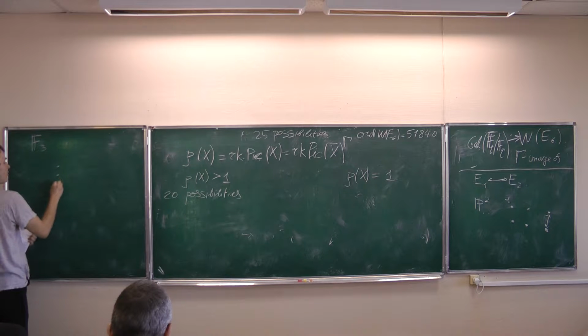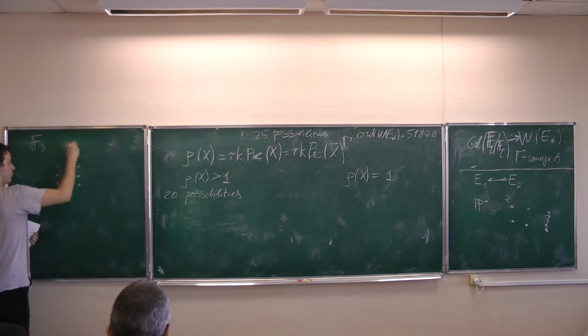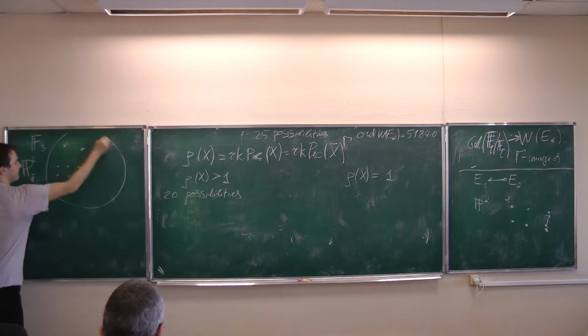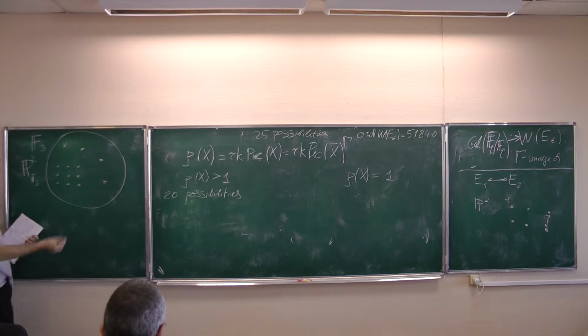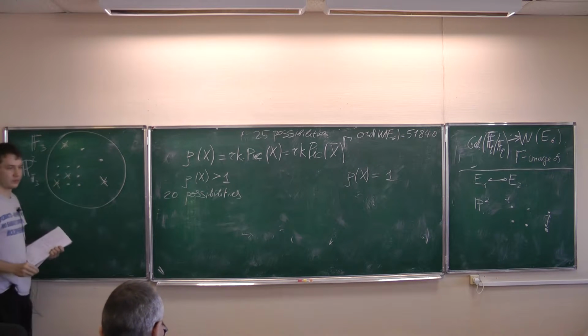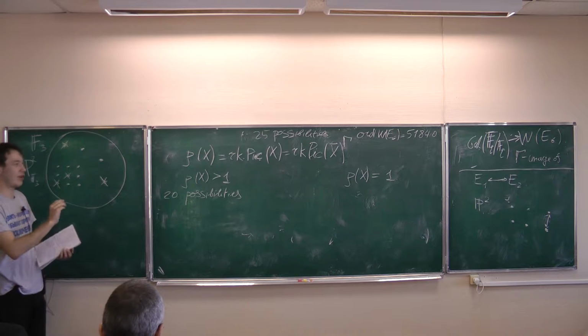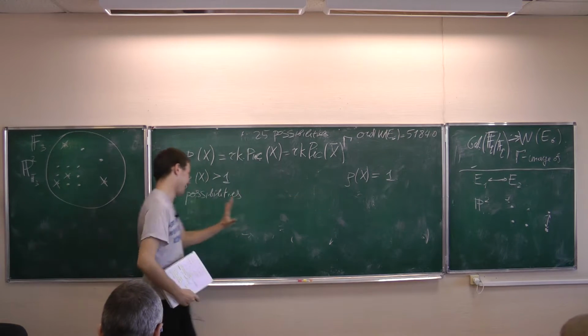let's start to blow up points. First 4 points. This is P2 over F3. We can choose 4 points. Yes, I will write down the statement when I go to this case.